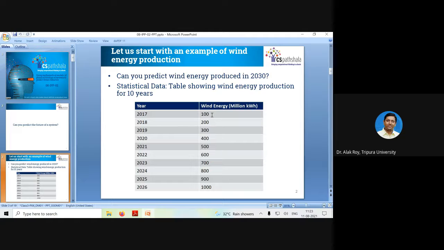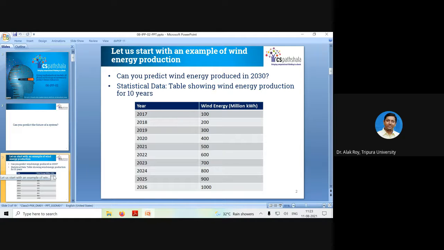See, there is a 100 gap. So counting 2027, 28, 29, 30, you have to add 400 to 1000. So in 2030, the value will be 1400.